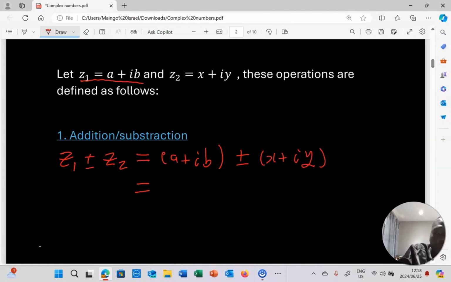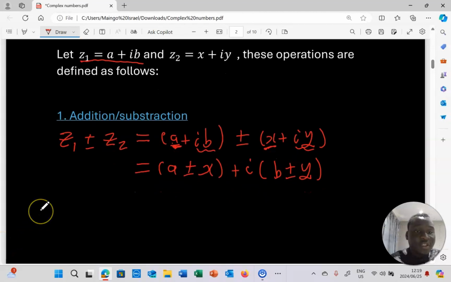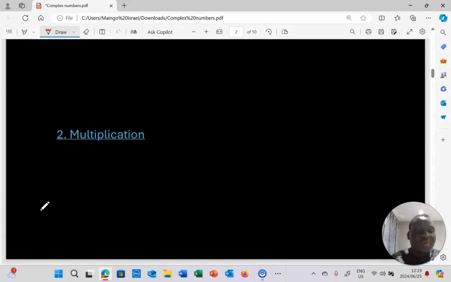This is equal to the real part plus or minus the real part, a plus or minus x, then plus the imaginary part plus or minus the imaginary part, so i times b plus or minus y. So we add the real parts together and the imaginary parts together. That's how we add or subtract two complex numbers.